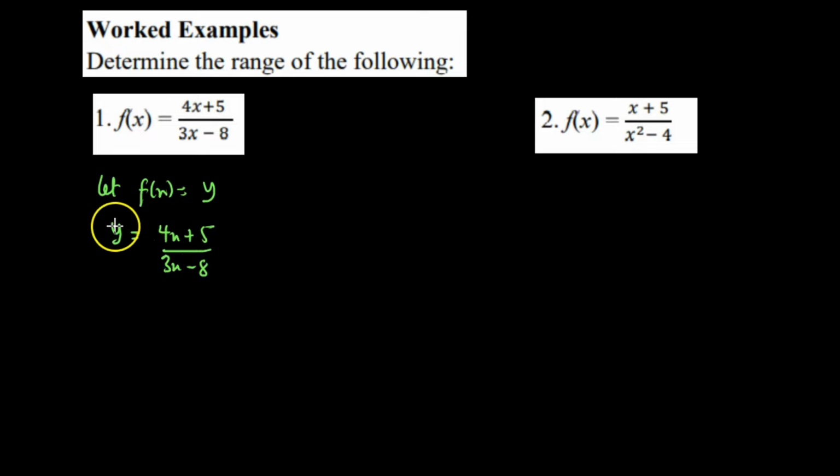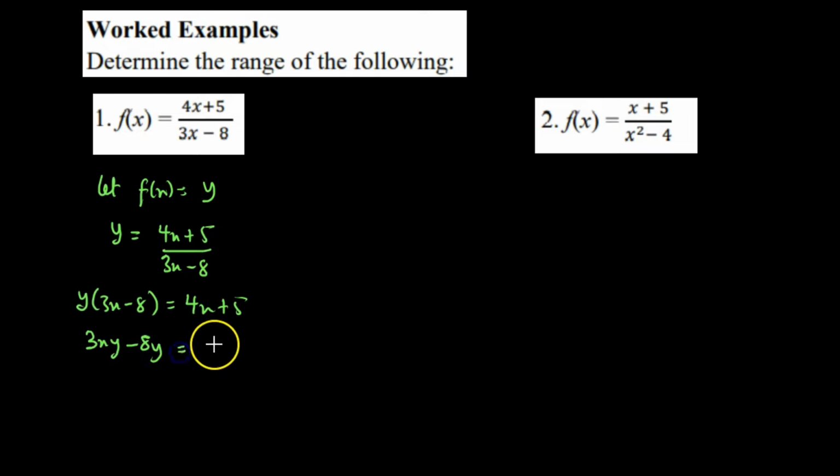In other words, we want to make x the subject, so y multiplying 3x minus 8 is equal to 4x plus 5. Now we expand and simplify so that we group all the x's: 3xy minus 8y equals 4x plus 5.